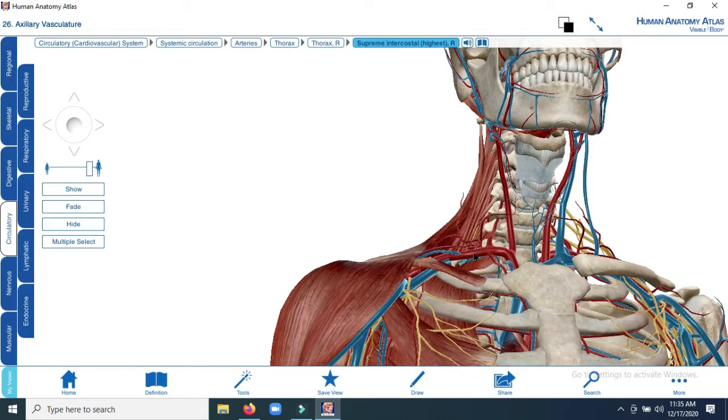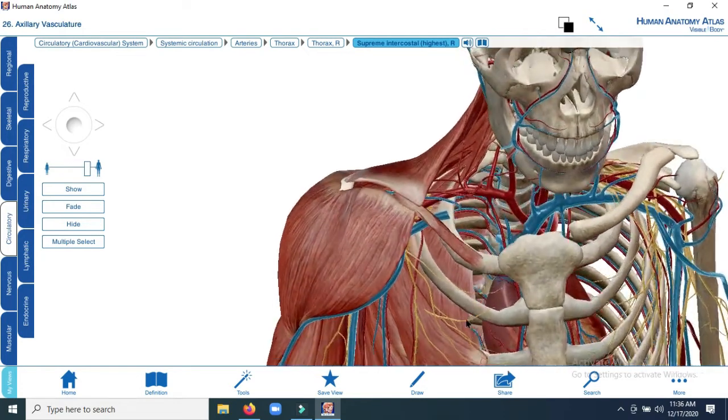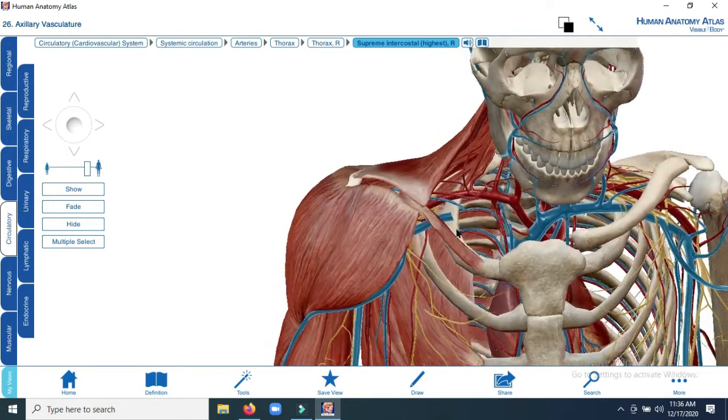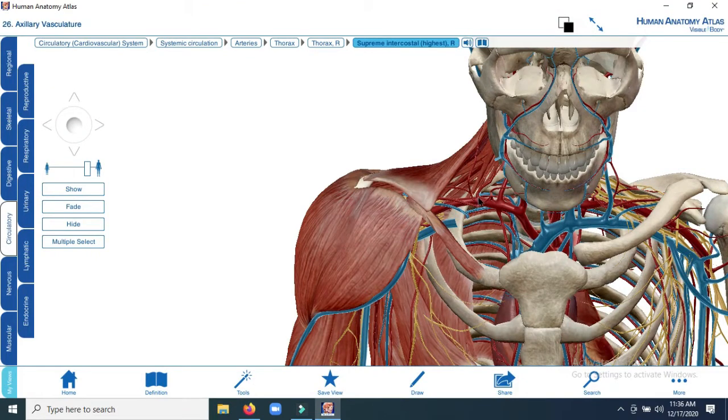So it is termed the superior intercostal artery, or supreme intercostal artery, or highest intercostal artery. So from this trunk, the two arteries will go to the cervical region and the costal region. So this trunk will be termed the costocervical trunk.